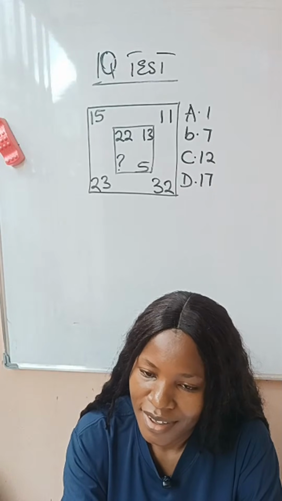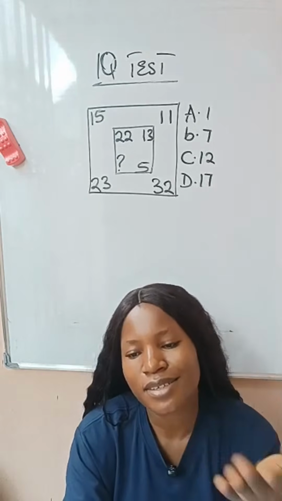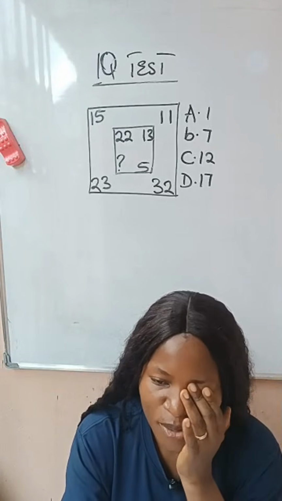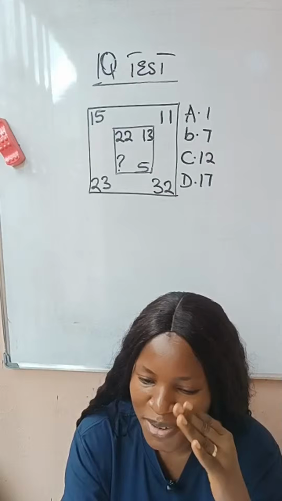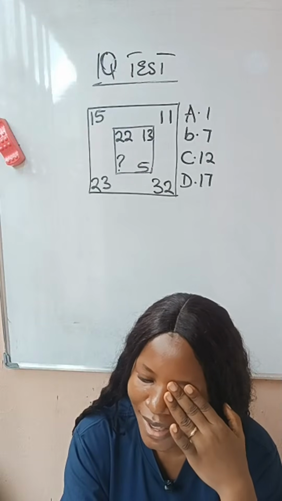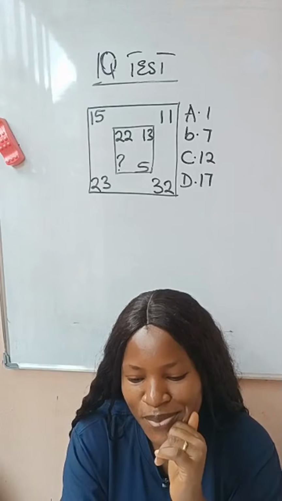Okay. 2 persons says the answer is 1. Take your time. Think this through. Look at it closely. If you can close one eye and use one eye, maybe by the time you look at the diagram with one eye, you're going to see the answer. My friend says the answer is 1.